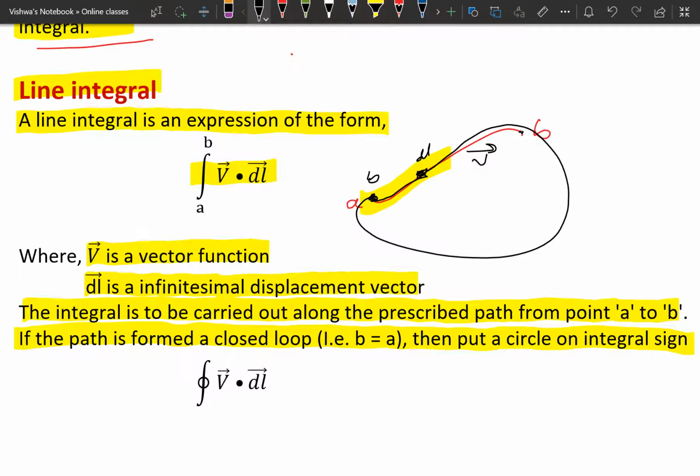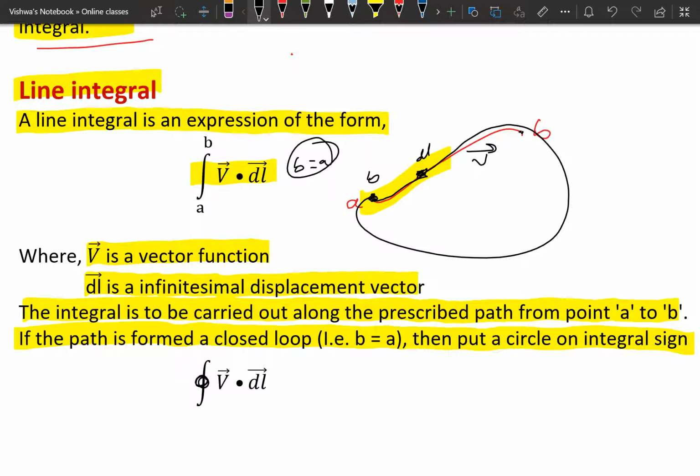The starting point and the ending point are the same, so B equals A. In these conditions the vector function makes a loop. Then the integration of this vector function is represented by a circle over the integral sign. That is how we represent the line integral.